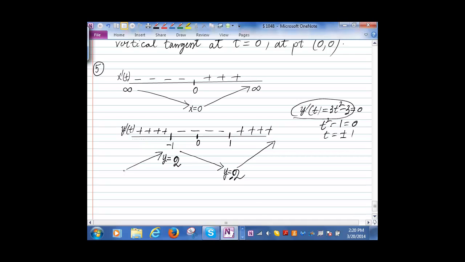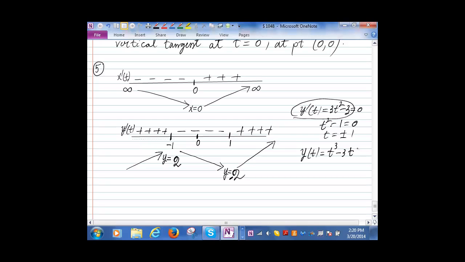Okay, so y is increasing up to negative 1. Is it coming from negative infinity? How do I know that? Well, look at the function y, right? y of t was t cubed minus 3t. So when t is big and negative, what is t cubed?